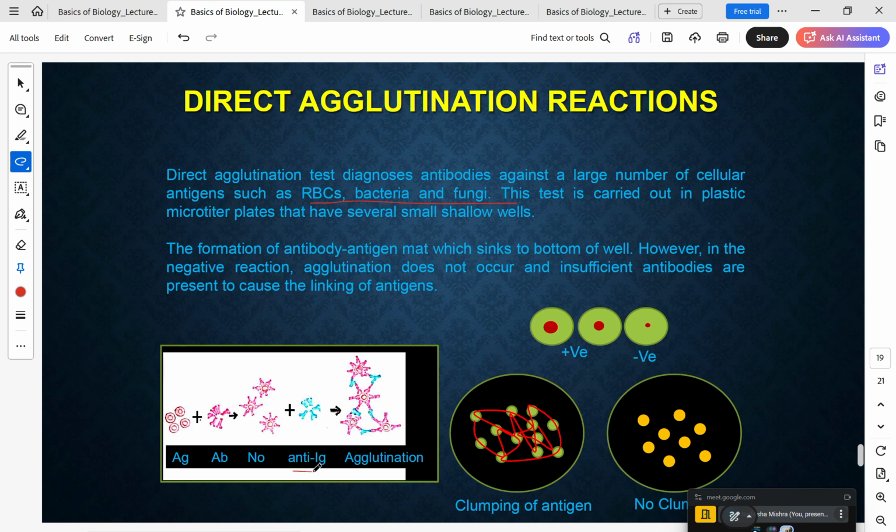Further on, it'll form bigger complexes, clumping up the antigen antibody complexes, because of which there is a layer of antigen antibody mat formed, which will sink to the bottom of the well. If the reaction is negative, the agglutination reaction does not occur, and therefore you won't see this mat or any clumps within the microtiter well.